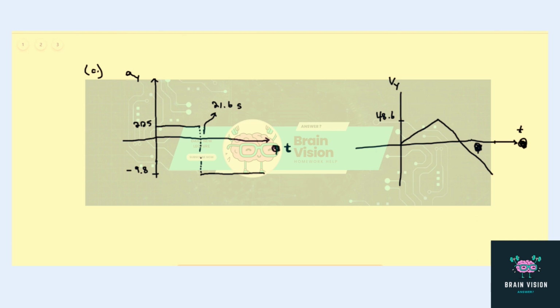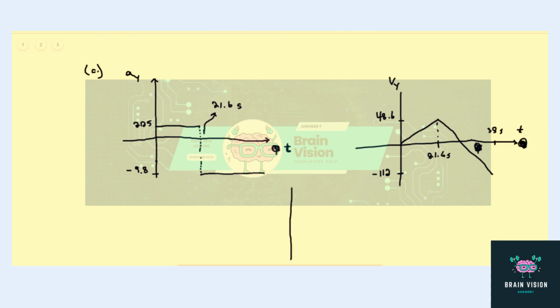The time it takes for the full journey is 38 seconds, so I'm going to put that there. The time where the engine's brake is 21.6 seconds, and the velocity at the end, we calculated in part B, is negative 112 meters per second. So the velocity looks kind of like that.